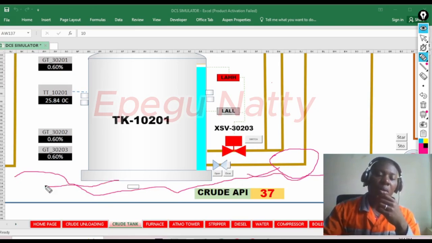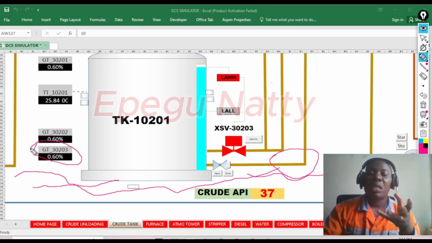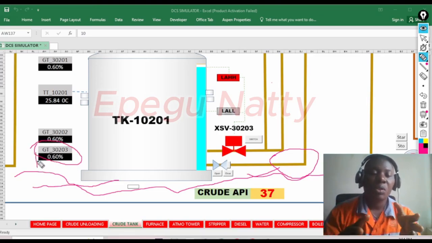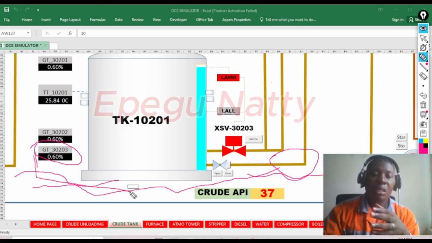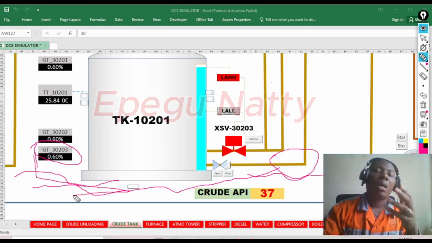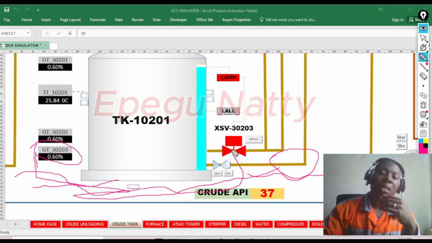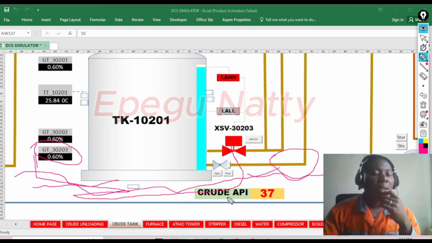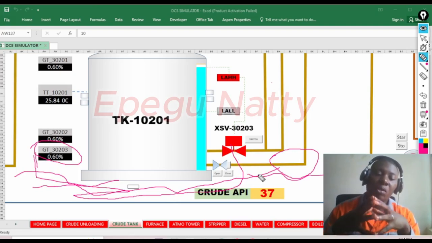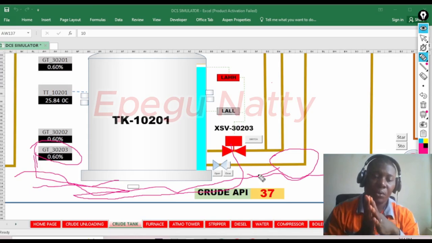What's going to happen? The gas detector here is going to detect it. Once it detects it, if it is programmed to trip the shutdown valve, it will send the signal to what we call the logic server, and the logic server will in turn send the signal to trip the ESD. Okay, so when that happens, it is called a safe.